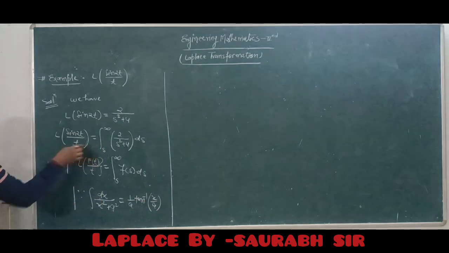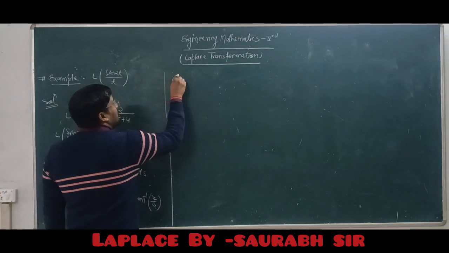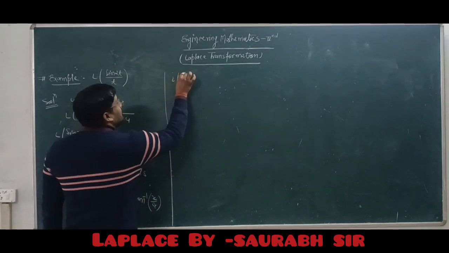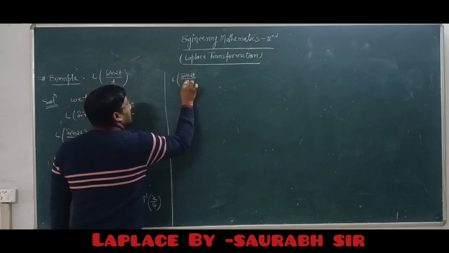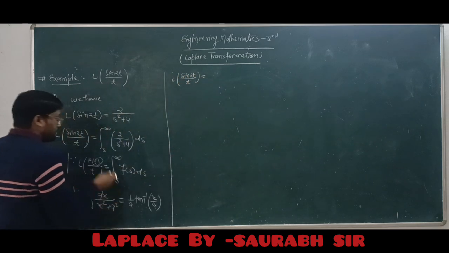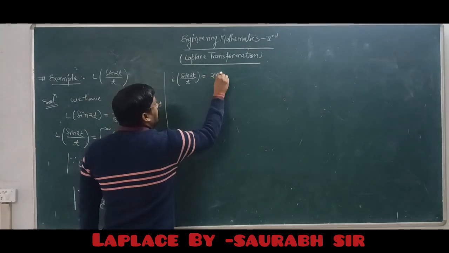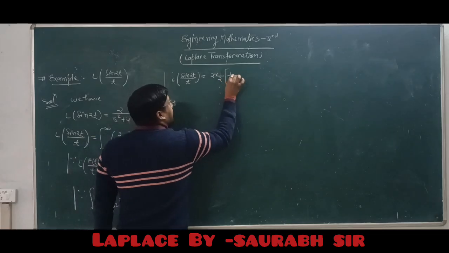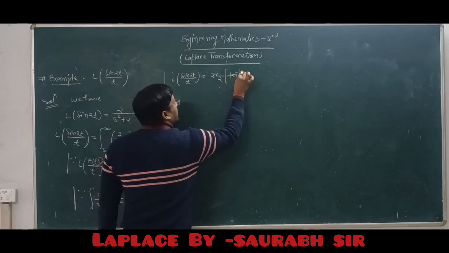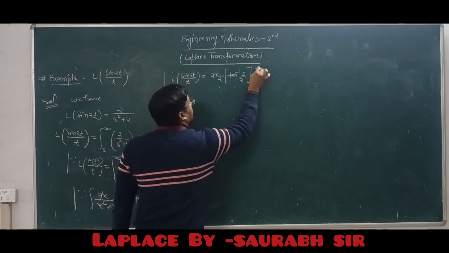Now putting the value of this integral, now you write L sine 2t upon t is equal to integration of this 2 into 1 by 2 tan inverse s upon 2 limit s to infinite.